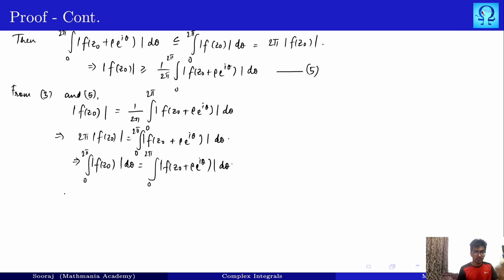So when I bring everything into one side, what I am going to get is integral 0 to 2 pi of absolute of f of z naught minus absolute of f of z naught plus rho e power iota theta d theta. Okay, so here the terms that we have inside this integral are all continuous, right?